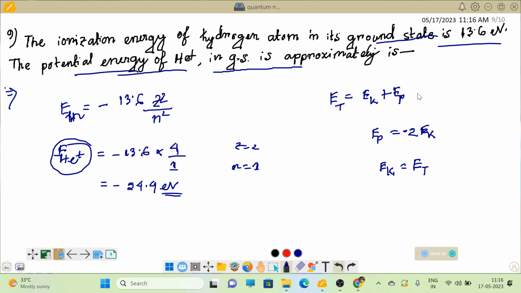So we can write here E k minus 2 E k, that is minus E k. So the total energy equals minus E k.